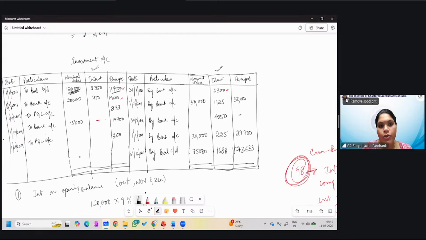Nominal value should match. And principal column also should match. Is it matching? So you have a difference on the interest column. How much is the difference on the interest column? 99,382. On 31st December 2011.